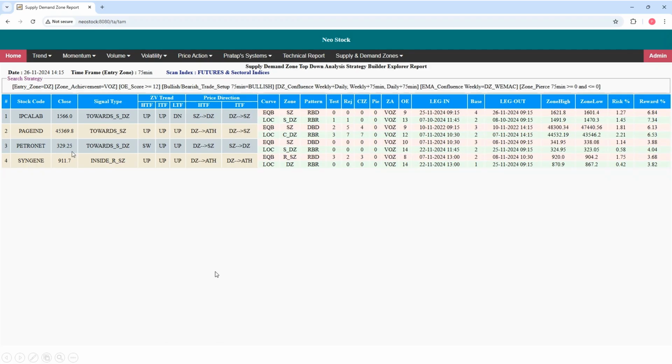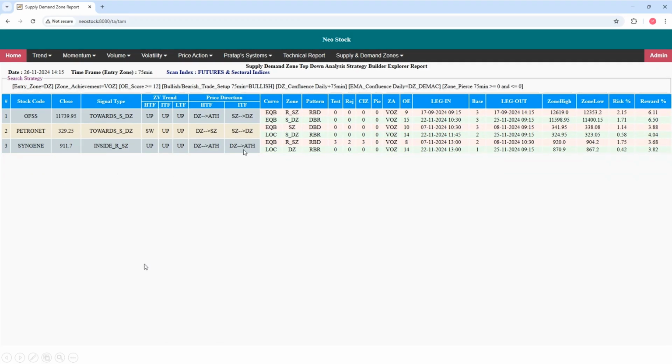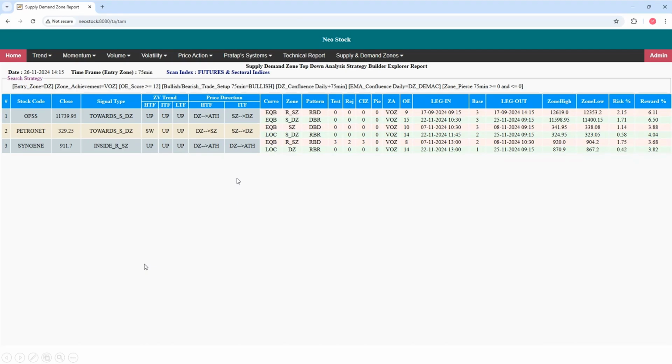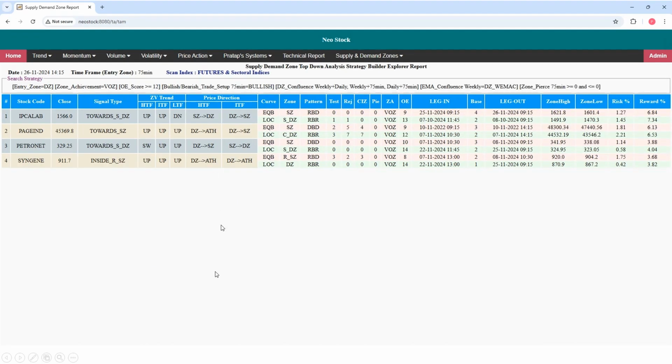But look into the other stocks. What is the difference between this report and this report? This report is based on ITF and LTF zone confluence with ITF EMA confluence. But the next one is the same 75 minutes zone only, the same bullish trade setup only. But the second one is LTF, ITF and HTF zone confluence with HTF EMA confluence.